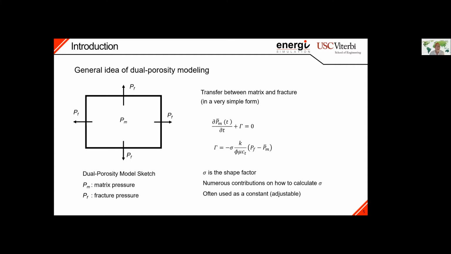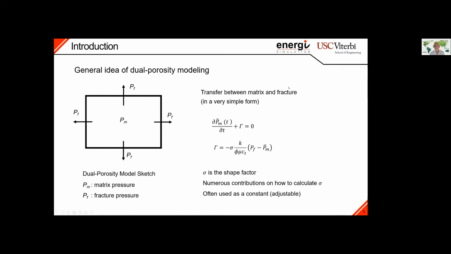It is just the idea of having two continua interacting through some mechanism. Here I show a simple block of matrix-type rock that interacts with fractures all around it, and we have Pm, the matrix pressure, and Pf, the fracture pressure.